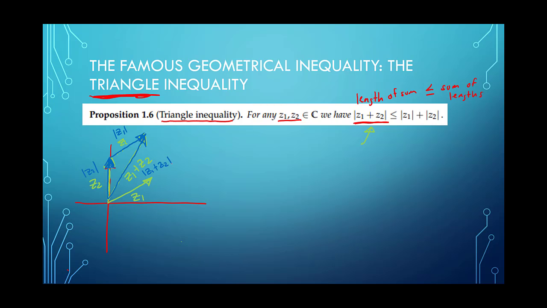So what do we know about triangles from geometry? We always know that the length of the hypotenuse is going to be less than or equal to the sum of the lengths of the sides. So that's what this triangle inequality is saying. It's saying that the length of the hypotenuse is less than or equal to the sum of the lengths of the remaining sides.